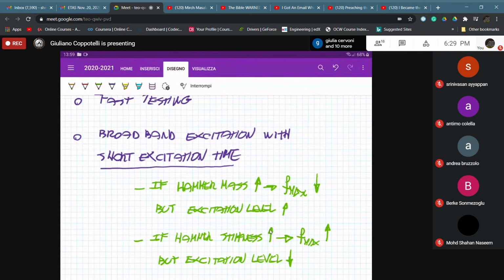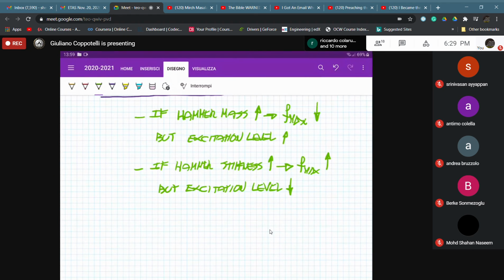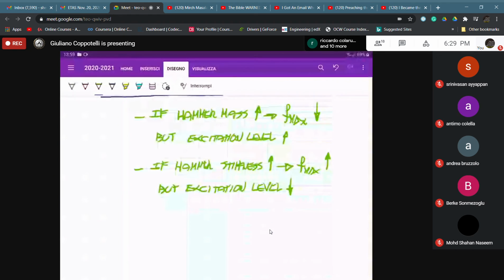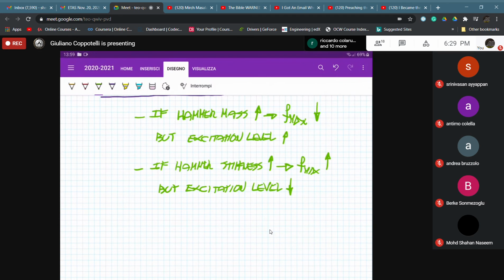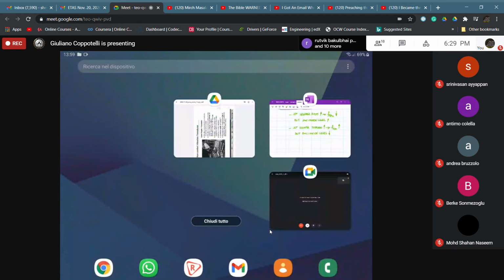So if that energy is spread over a larger frequency range, then of course we have just a lower excitation level.